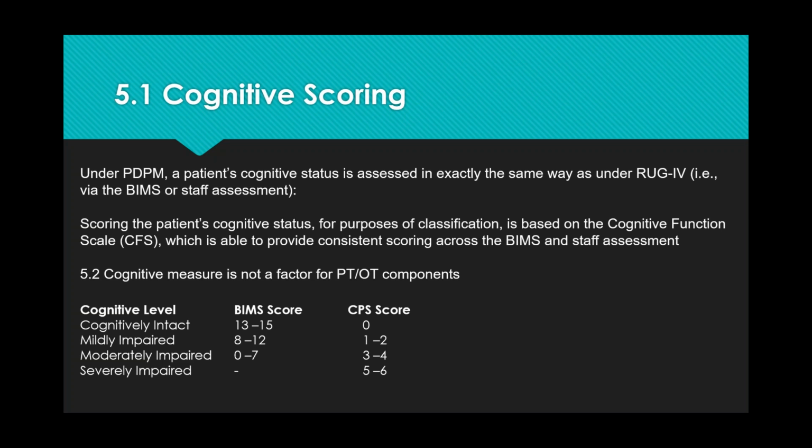Severely impaired is just a dash. Or it could also be compared to the cognitive performance score, which is also utilized to determine the person's cognitive status. The cognitive status will be assessed by the Alden staff within the first few days of admission to determine that score.